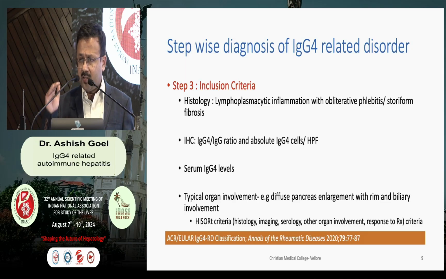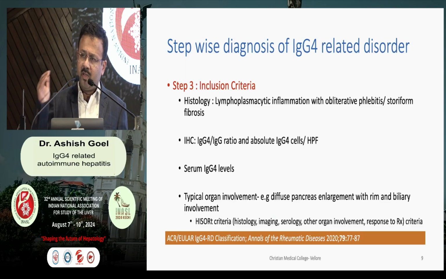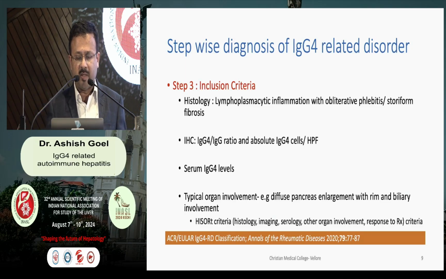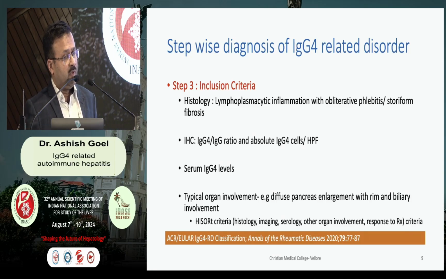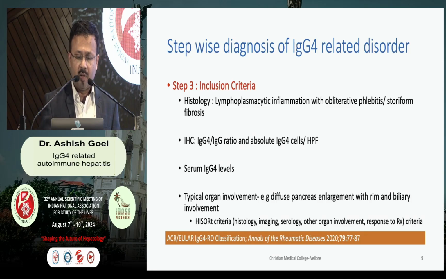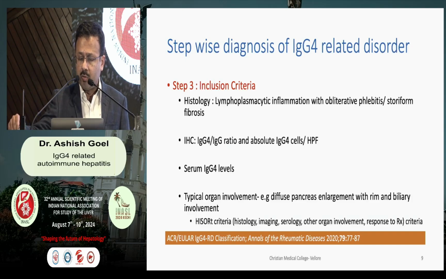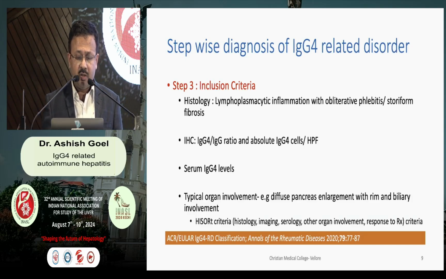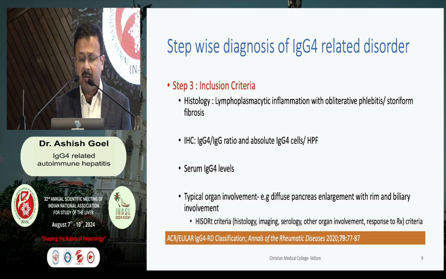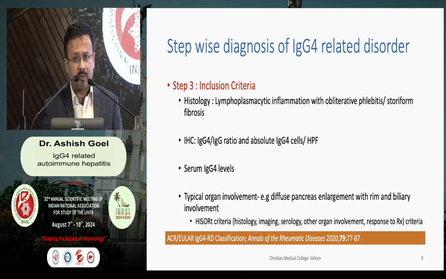Only when we satisfy the exclusion criteria does the inclusion criteria start coming in, and that is where we start taking a biopsy and looking for lymphoplasmacytic inflammation with obliterative phlebitis and storiform fibrosis. An IgG4 to IgG ratio and an absolute IgG4 cell count, which vary with definitions, can help you in making the diagnosis.